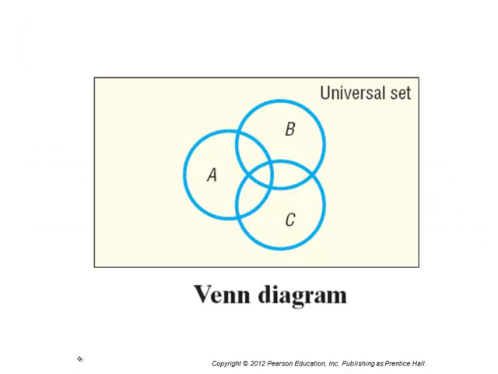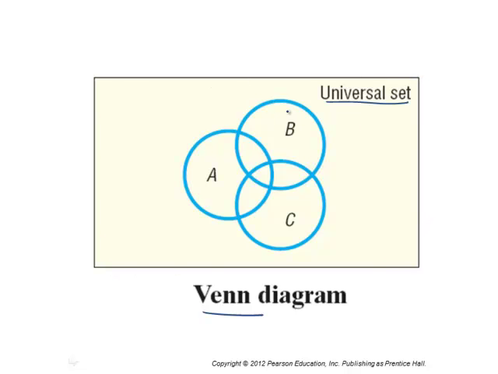Now, the Venn diagram is a handy way of sorting out logical arguments and helping us also identify unions and intersections and complements and so forth. The universal set is indicated by this rectangle. So we understand that the universal set is contained within the rectangle.